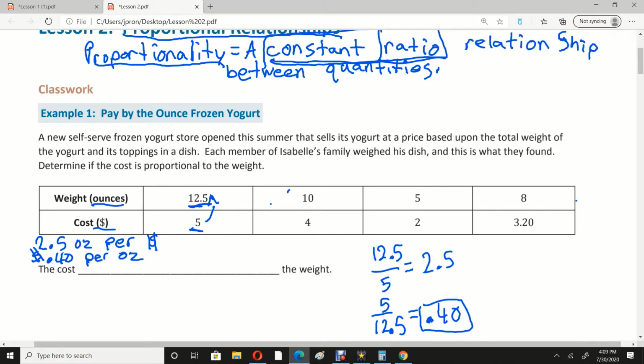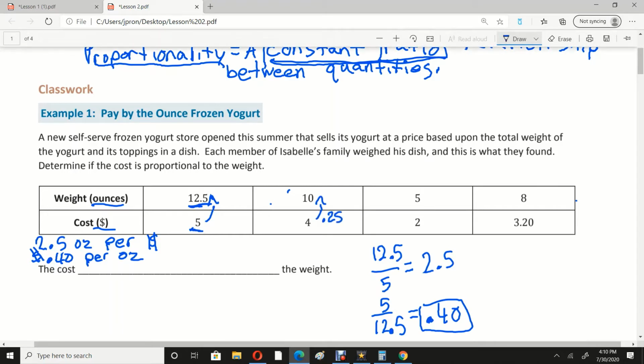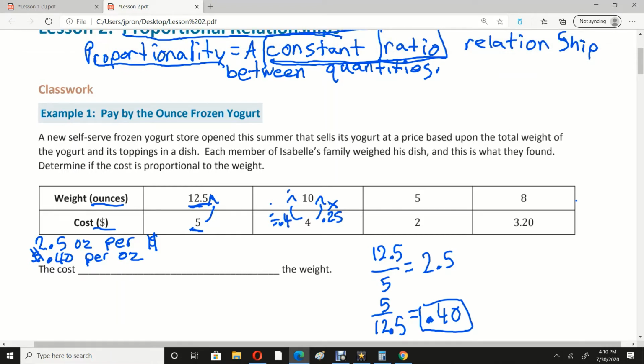So they're both unit rates, they work the same, but it's a different way of thinking about it. Instead of when we went up right here, we multiplied by 2.5, we can also come up and divide by 0.4 to get up here, right?